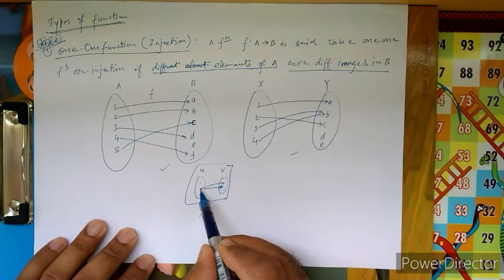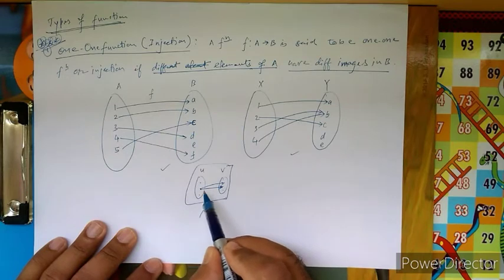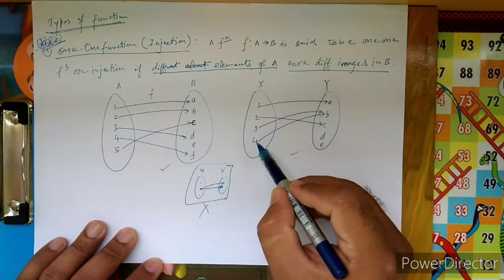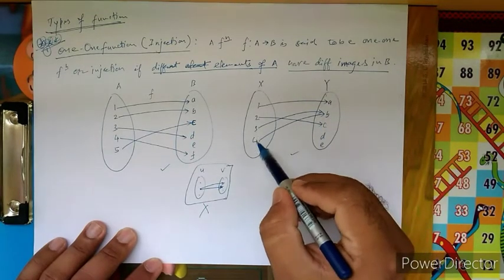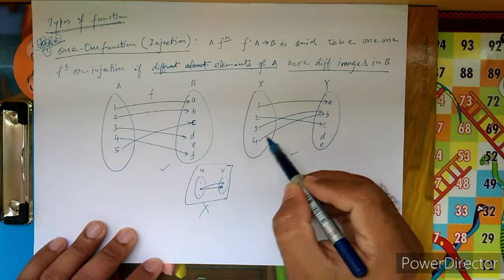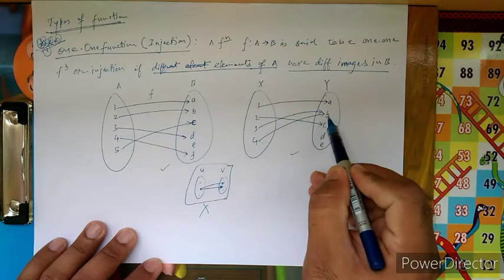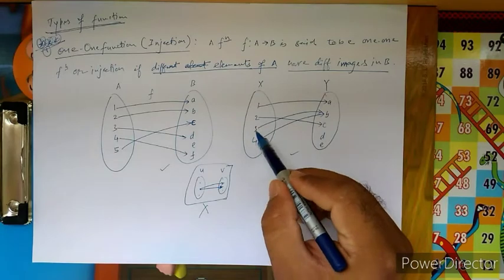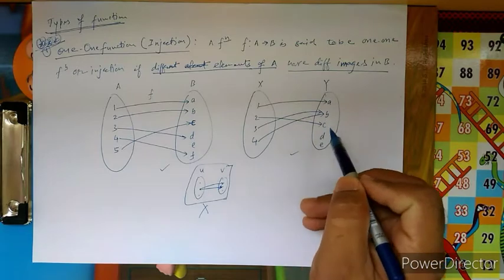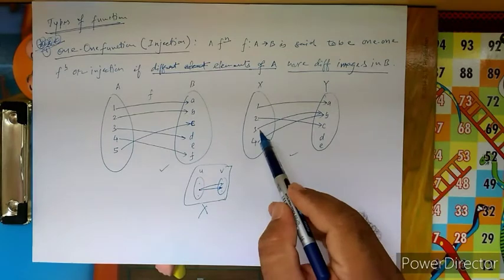In this particular set you should get different images. If you are getting the same image B for 3 and 4, that is okay. But for 2 or 3, you are not getting B and C or B and D, likewise you are not getting more than one image.